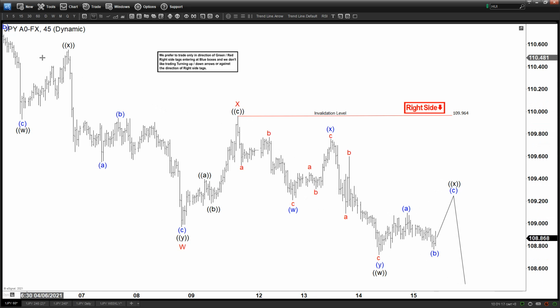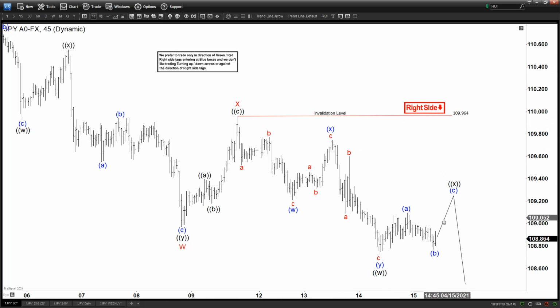So the internal subdivisions of the W and the Y are both also subdivided into another WXY. Everything is in three waves down.